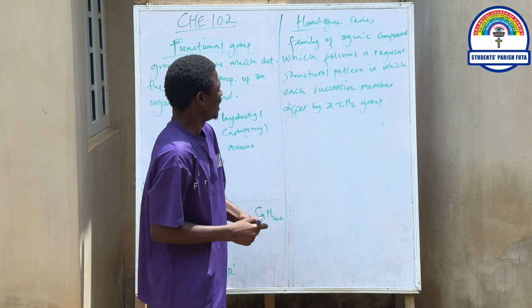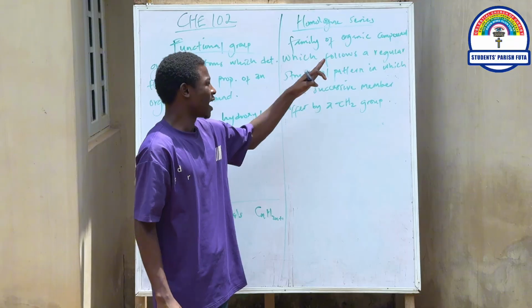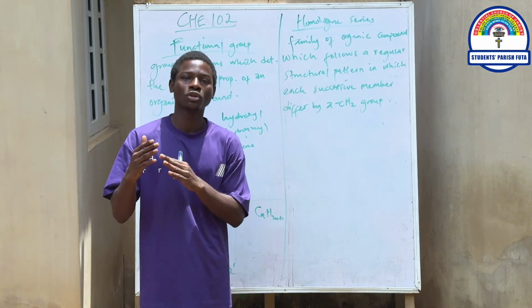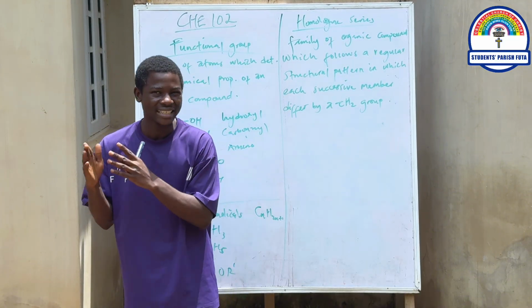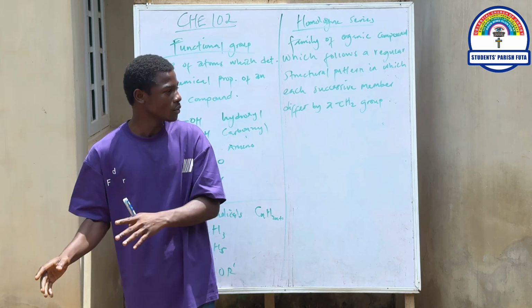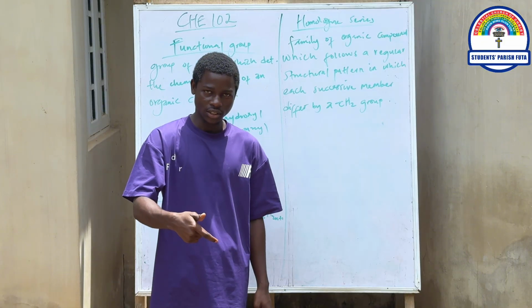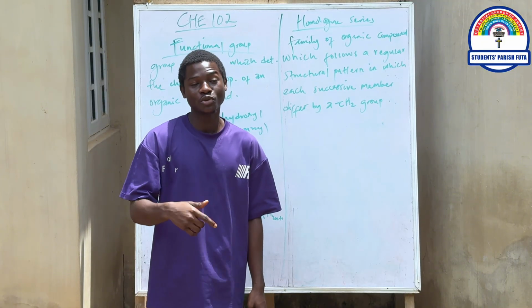So let me explain. It is a family. Just know that homologous series is like a family of organic compounds. It follows a regular structural pattern, meaning each member in that family follows a regular pattern. The way they look, they follow a regular pattern. And each successive member, meaning the one that seniors the other.